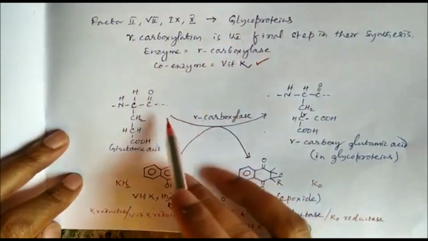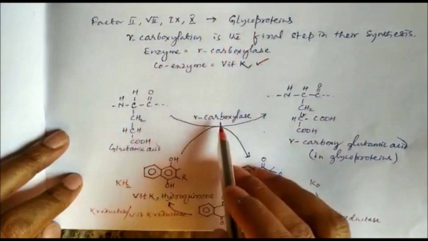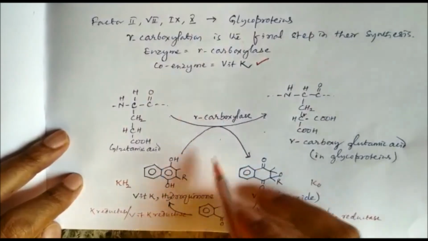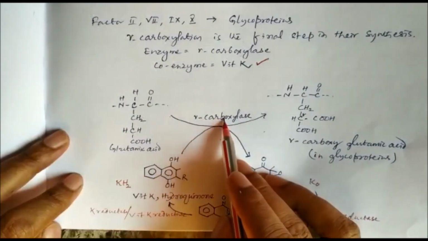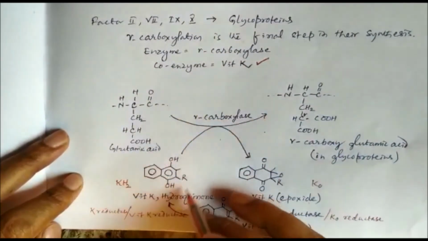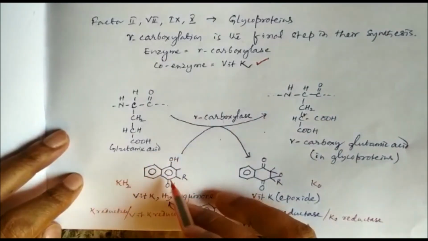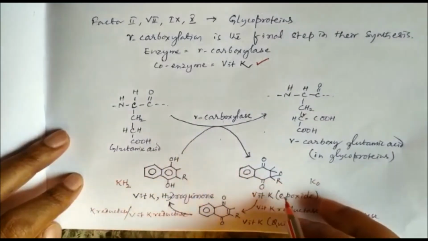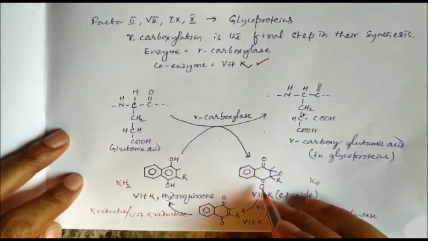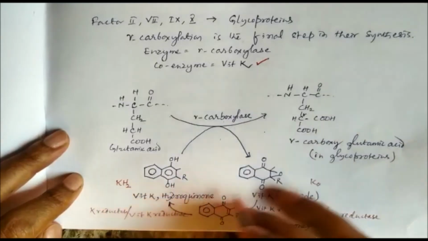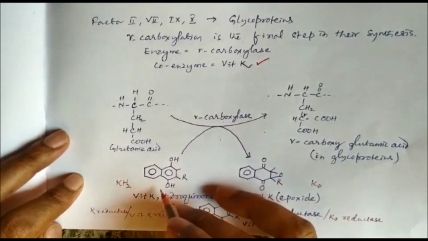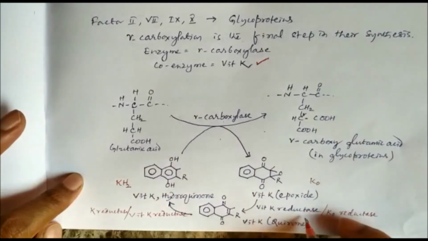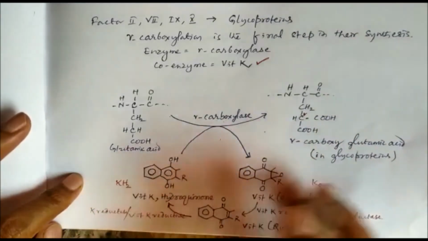In the final step of their synthesis, there is gamma carboxylation, and the enzyme is gamma carboxylase, and vitamin K acts as the coenzyme to this enzyme. The active form of vitamin K is KH2 or hydroquinone. This hydroquinone is converted to the inactive form, epoxide. This epoxide form is again regenerated to the active form hydroquinone by reduction. The enzyme is vitamin K epoxide reductase and K reductase.